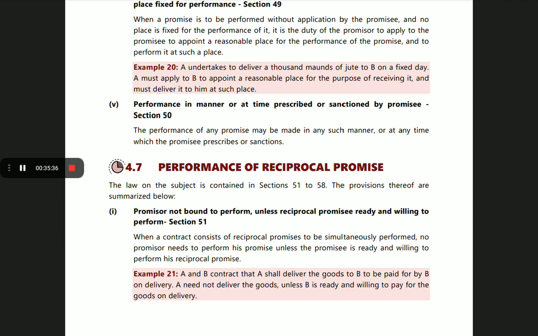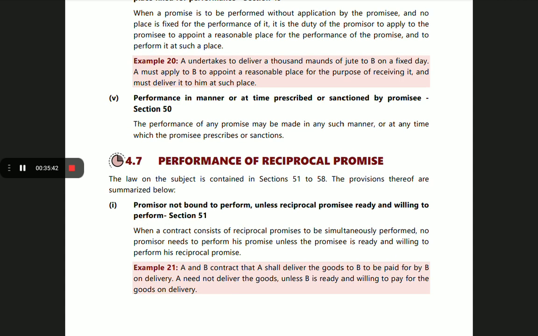Example: A and B contract that A shall deliver the goods to B, to be paid by B on delivery. A need not deliver the goods unless B is ready and willing to pay for the goods on delivery.